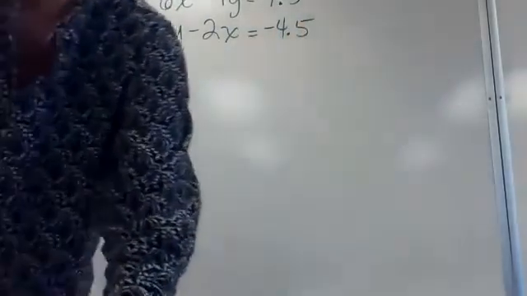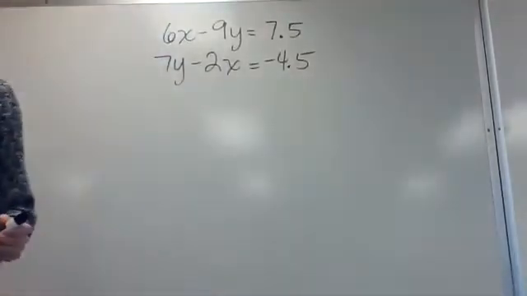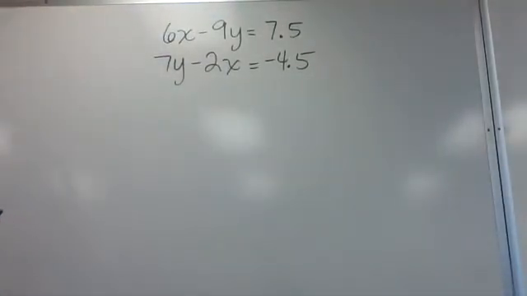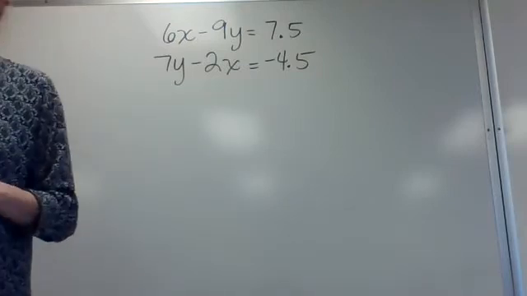Okay, so I have 6x minus 9y equals 7.5. And then the second equation has 7y minus 2x equals negative 4.5.